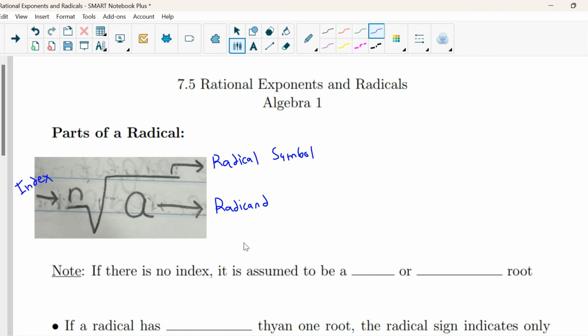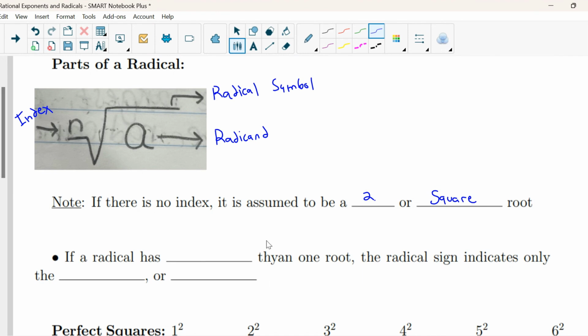Okay, a note here. If there is no index, it is assumed to be a 2, or we call that a square root. Another note here.